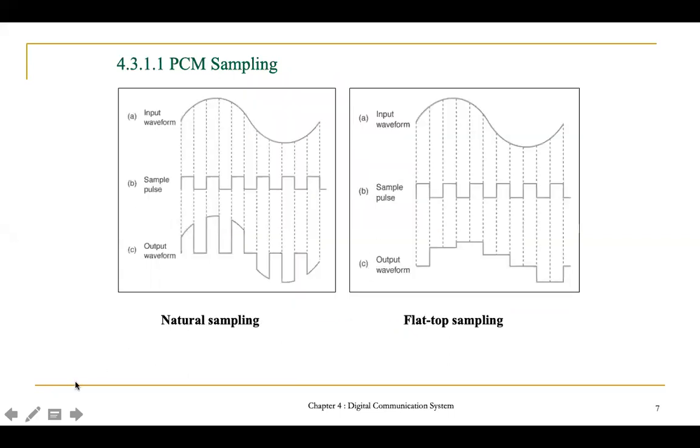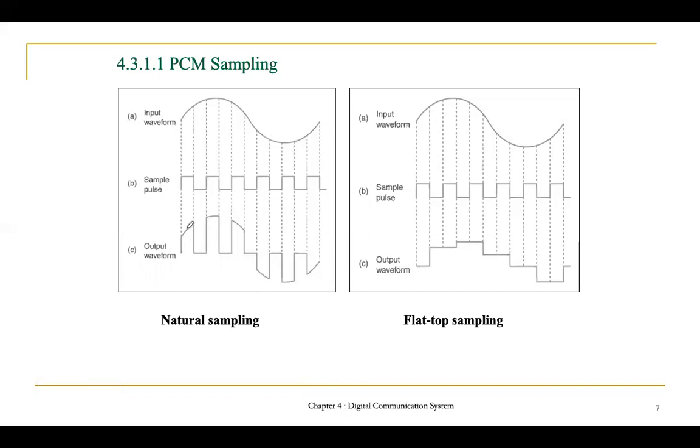So these are the differences between natural sampling and flat top sampling. If you look here, both of these are pulse amplitude modulation, PAM. The amplitude is changing. This is the input waveform. This is a sample pulse.